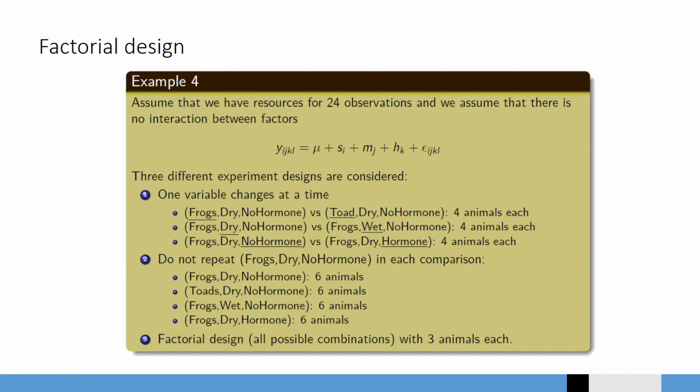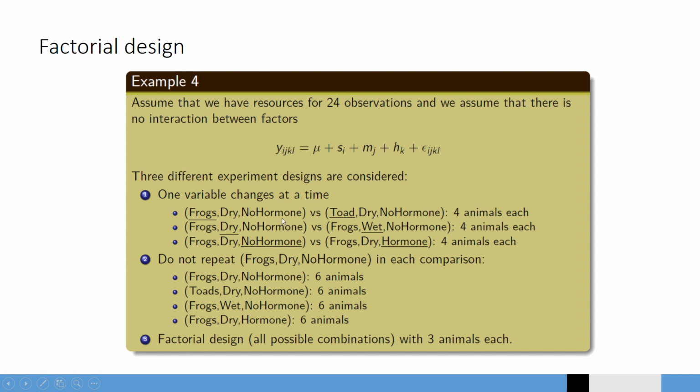Let's say that our reference group is frogs, dry, with no hormone, and then you change one variable at a time. You change first the species. Now you change whether they're dry or wet, and then you change the hormone or no hormone. And then in each one of these groups, you put 4 animals.